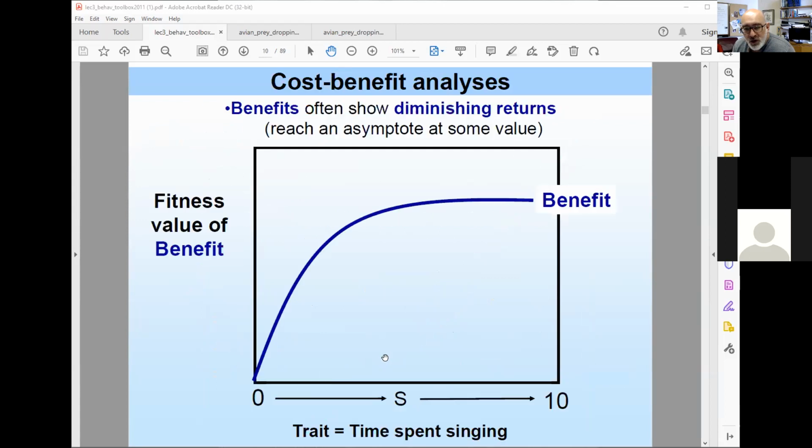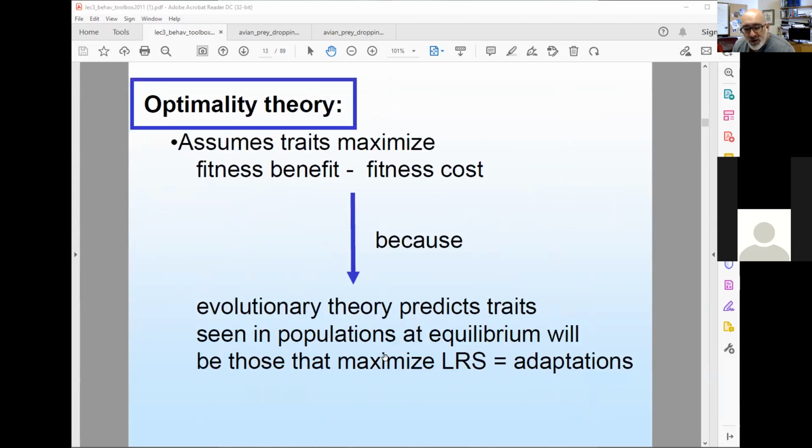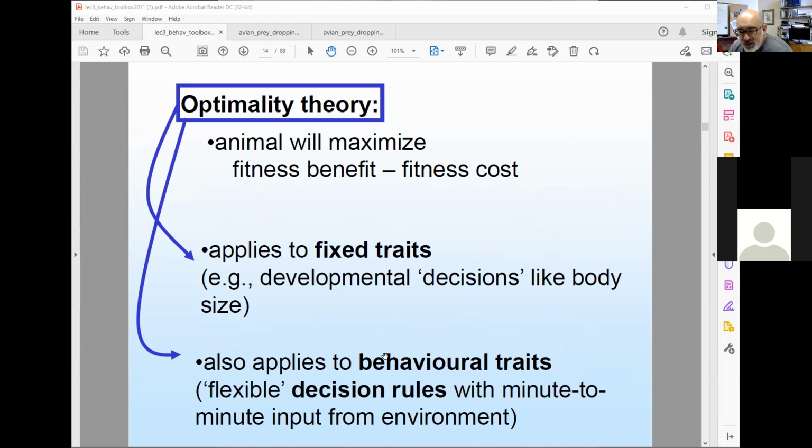But what's important to note is that when we talk about behavior and optimality theory, we're dealing with behavioral traits, and the context that an individual finds itself in can change rapidly. That means behavioral traits, and what is optimal, are much more likely to change than any other trait like body size and things of that nature.